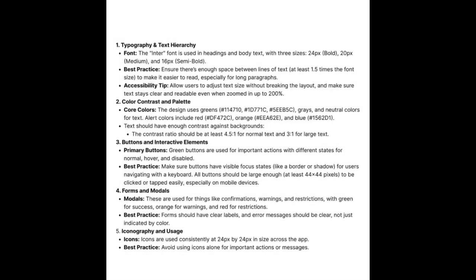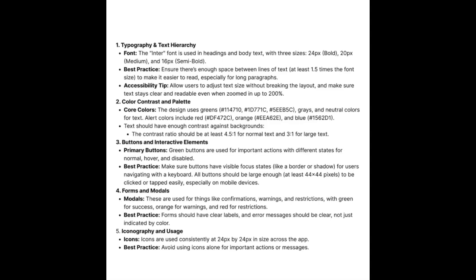This would be the final section of the design system, where I go over the best practices in general for designing for FarmLink as well as accessibility tips. On here you'll see it's in order. It'll have the subject, best practice, and then an accessibility tip.